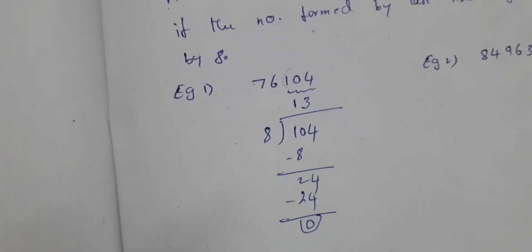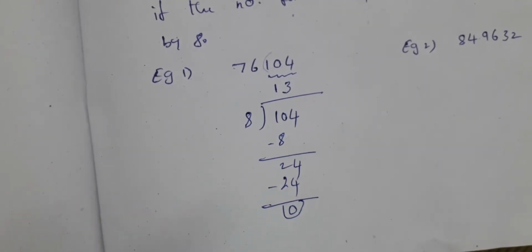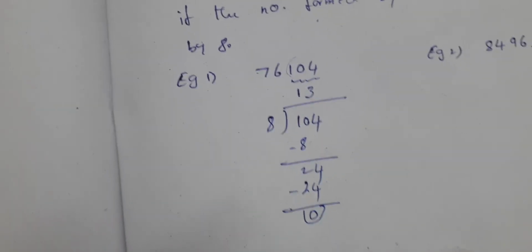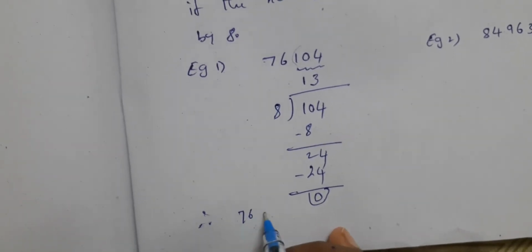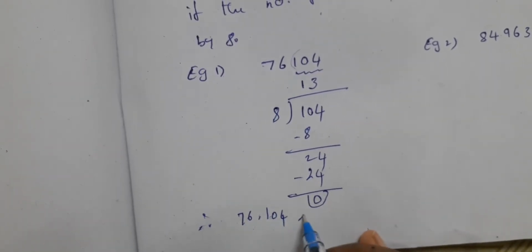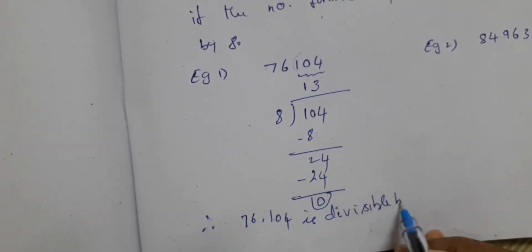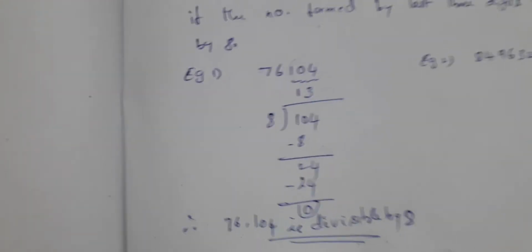Yes, the remainder is 0. So that means this particular number 76,104 is divisible by 8. So what is the conclusion? Therefore we are going to write: Therefore 76,104 is divisible by 8.